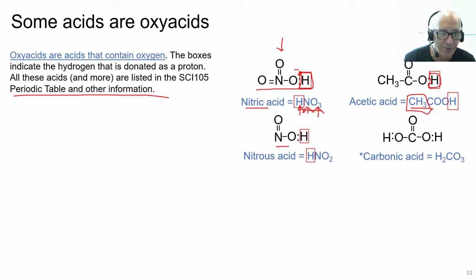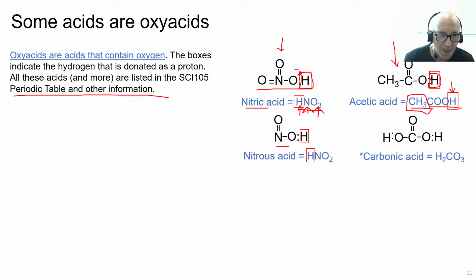None of those leave. The only hydrogen that leaves as a proton is that guy there, right? Notice, by the way, this formula is written like this, which really translates into the Lewis structure as this.